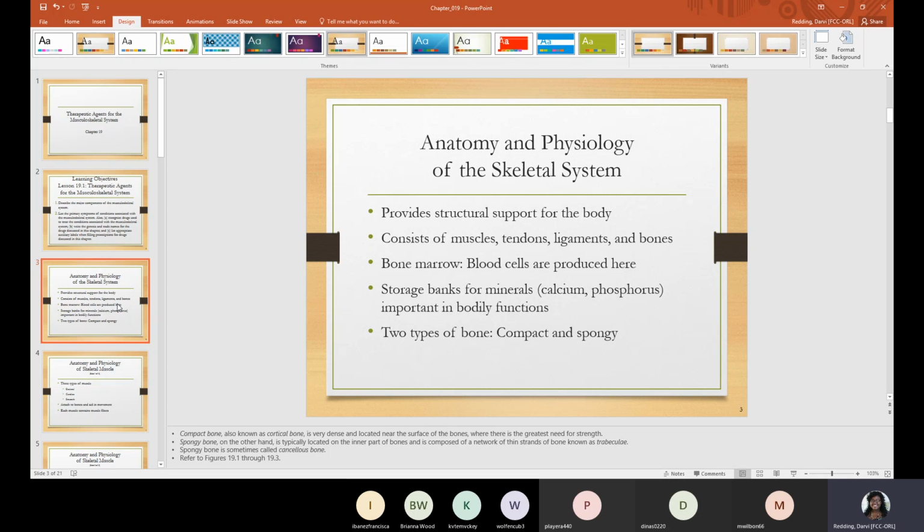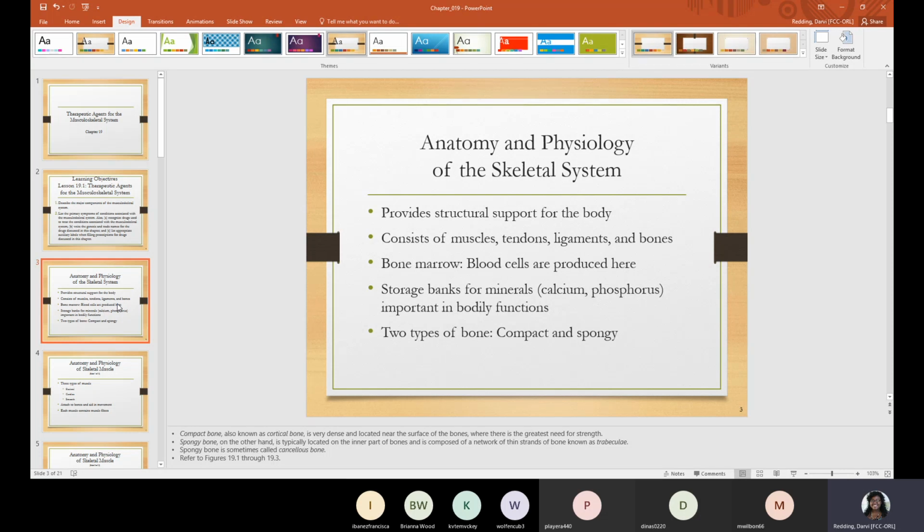As we learn more about the anatomy and physiology of the skeletal system, we'll also begin to understand that there are two types of bone. We have compact and spongy. The compact bone is also known as the cortical bone. It's very dense and it's located near the surface of the bones, where there is the greatest need for strength.